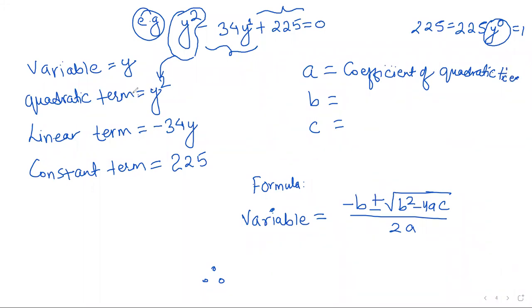So what I mean here is the coefficient of the quadratic term, and the coefficient is the constant number that is in front. If there is nothing, it means it is 1. So a equals 1. Now b is the coefficient of the linear term. So for the linear term, the coefficient is negative 34. And c is the constant term itself. So it's a positive 225.